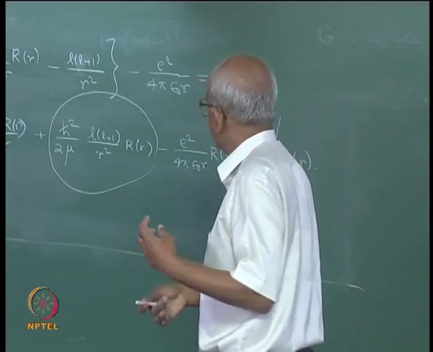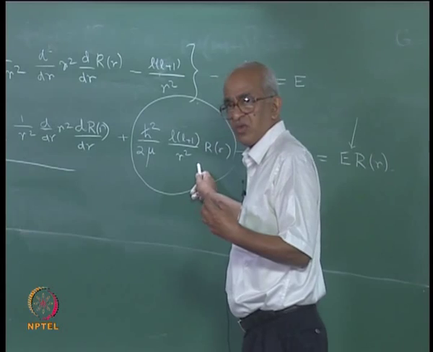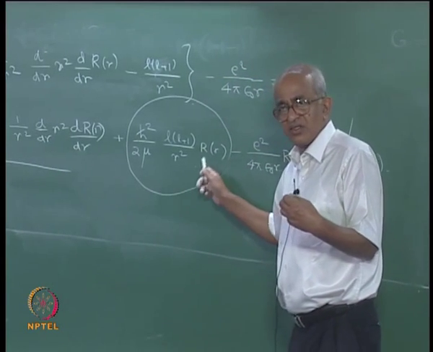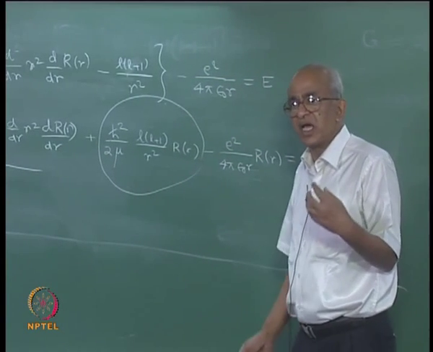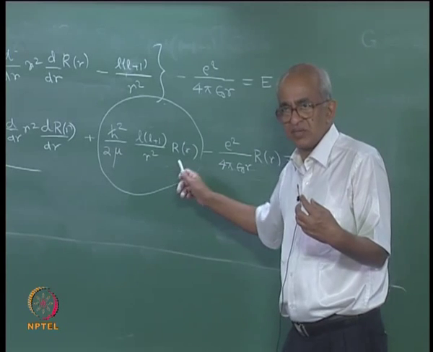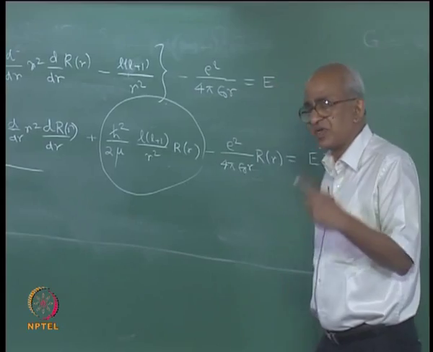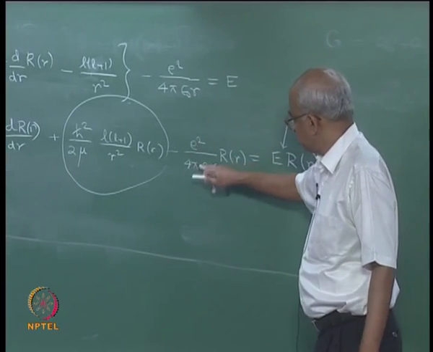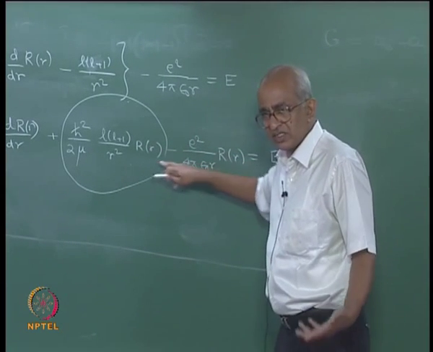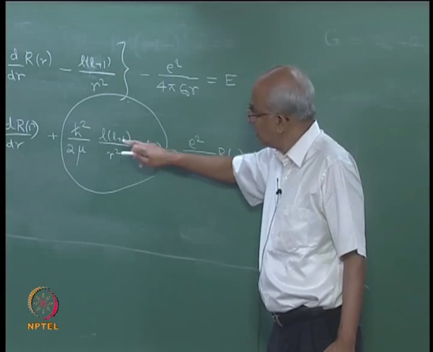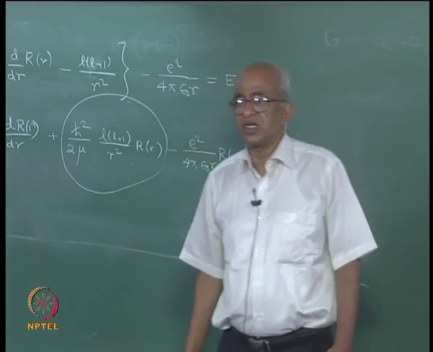There is an additional term appearing here, and this is actually coming from the angular motion, this extra term. And you look at that, it is appearing as if it is a potential energy, because it is similar to this term. The way it occurs is similar. So, it is actually occurring as a potential energy.